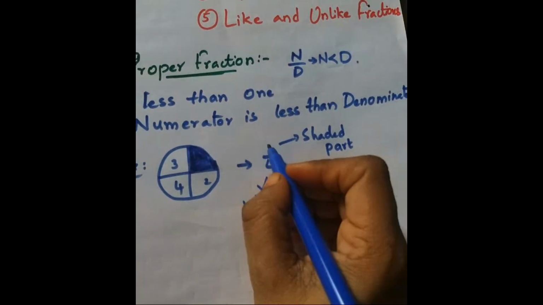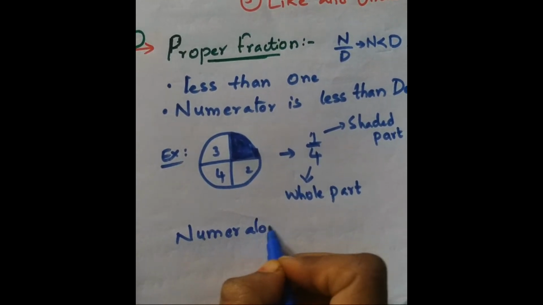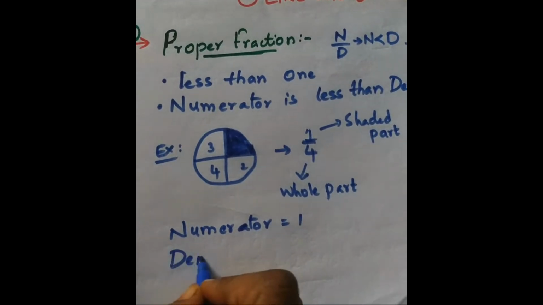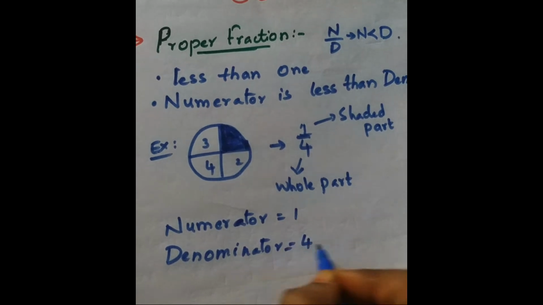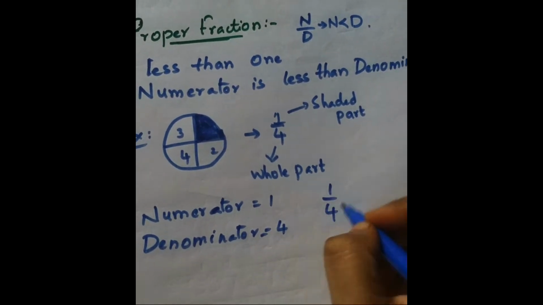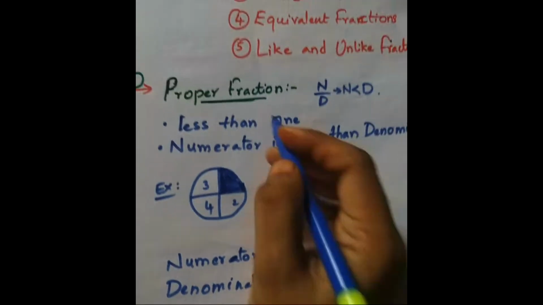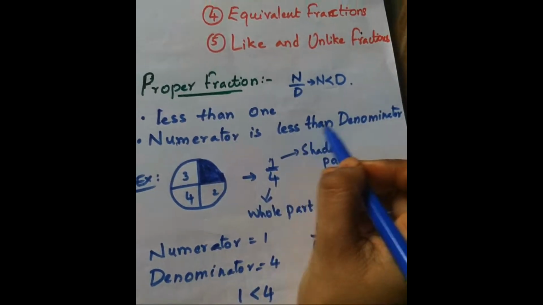So 1 is the numerator. Numerator is equal to 1 and denominator is 4 here. So 1 by 4 means 1 is less than 4 here. So this is a proper fraction. The point is numerator is less than denominator.